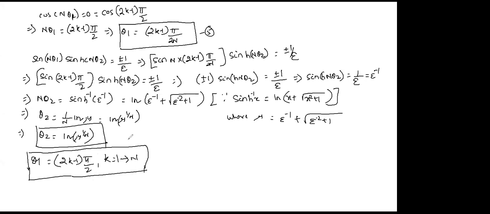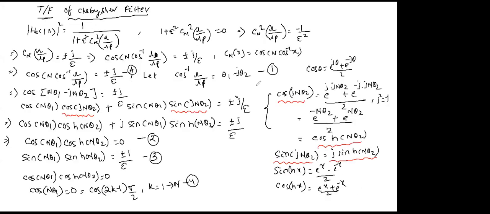Okay, now theta 1, theta 2 value, it is with you. Then what we will do? Let's see this equation 1. If you see this equation 1, that is cos inverse omega by omega p equals to theta 1 minus j theta 2.